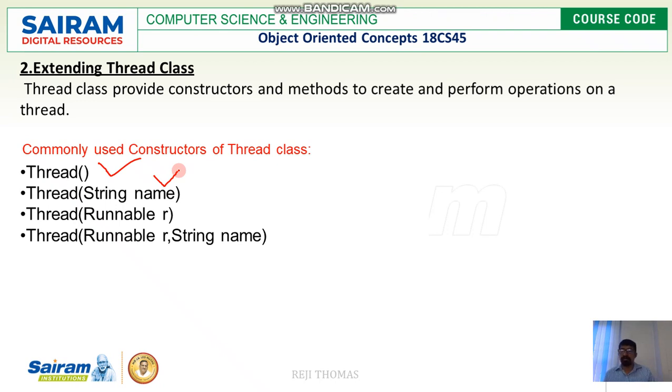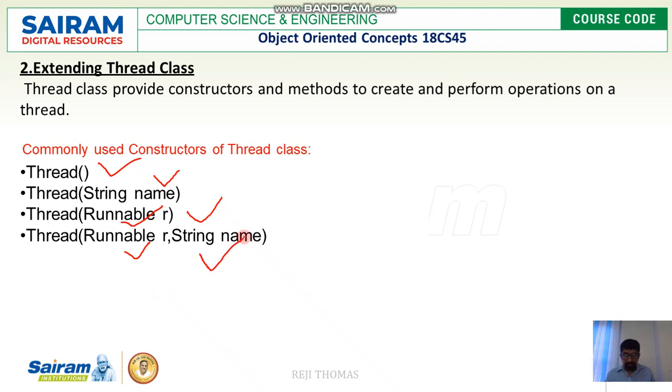And the third constructor takes again a single parameter, but that should be of type interface Runnable. So please do remember this. The last constructor takes two parameters. The first parameter is of type Runnable, and the second one is of type String.